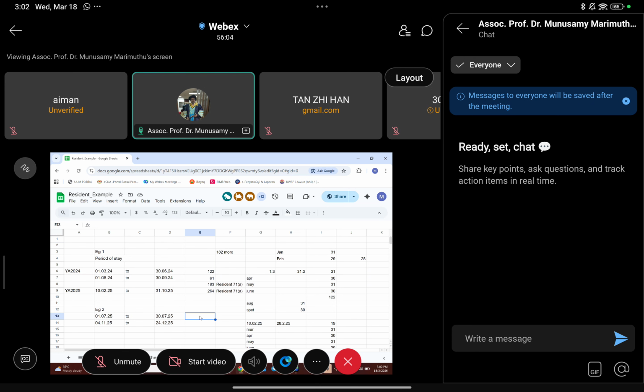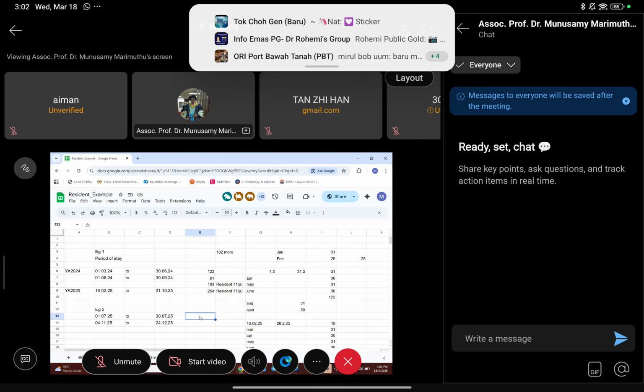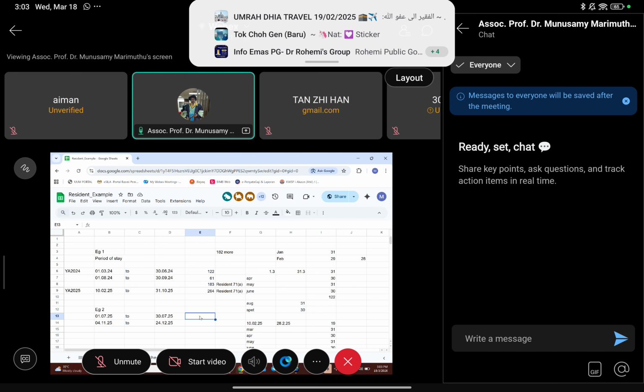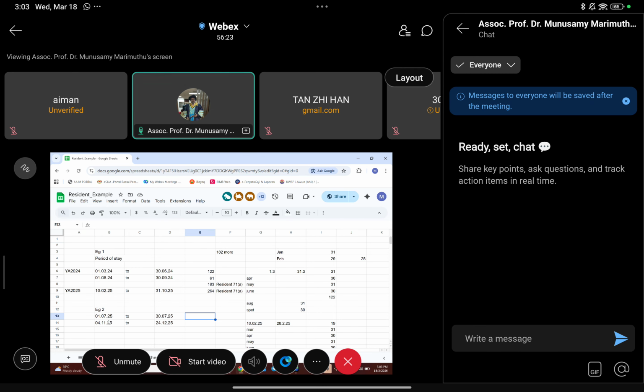Okay, for example 2, I won't calculate the number of days here. I have the answer here. So we know from 1st July to 30th, it is 30 days. It's very clear. Then 4/11 to 24 December.